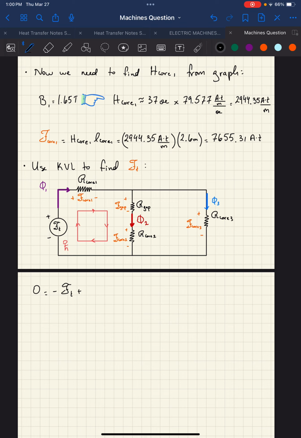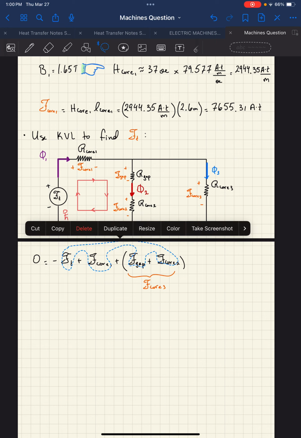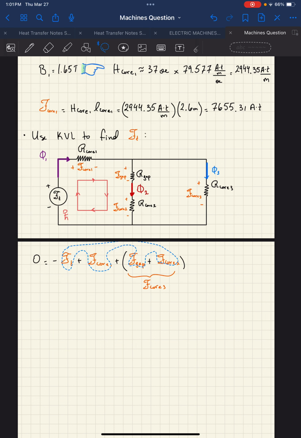So basically you get minus FT plus F core 1 plus F gap plus F core 2. And note, of course, that this is the same thing as F core 3. Let me try to keep the color code. All right. And then we're going to get F total.